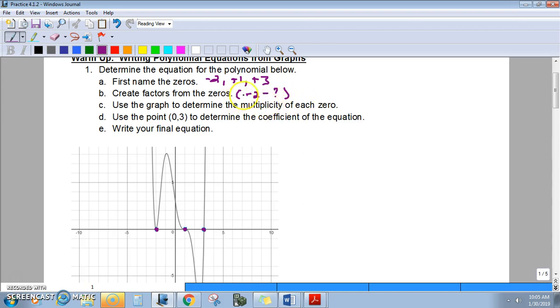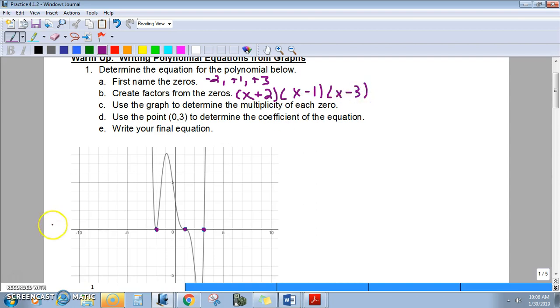It would actually be -2 plus 2. So the factor for that is going to be x plus 2. Remember, I'm not putting -2 there, I'm putting x plus 2. It's the opposite to get that factor. x minus 1 and x minus 3.